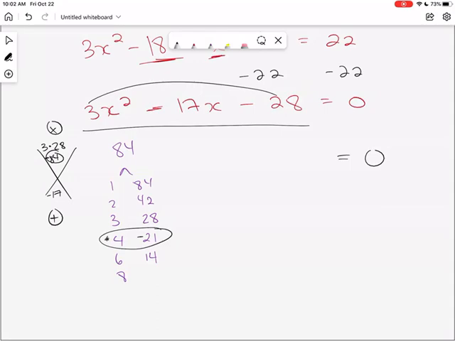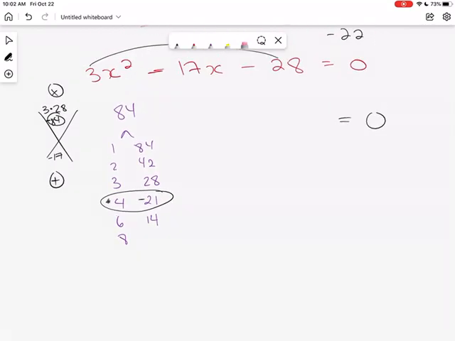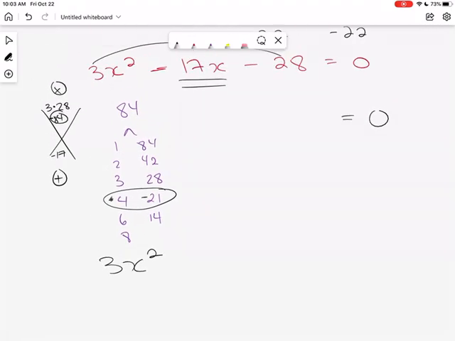So now I'm going to factor, or not that I factor, sorry, I'm going to factor in a sec. I'm going to split up my middle term, that negative 17x, into positive 4x and minus 21x. So our expression 3x squared will now become positive 4x and minus 21x minus 28, and it still equals 0.